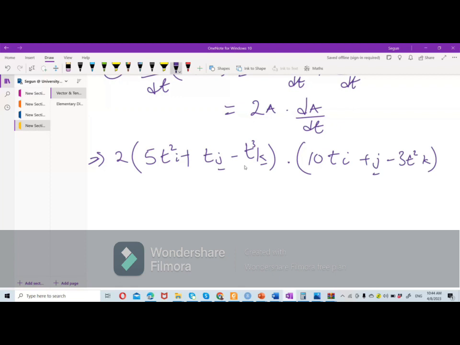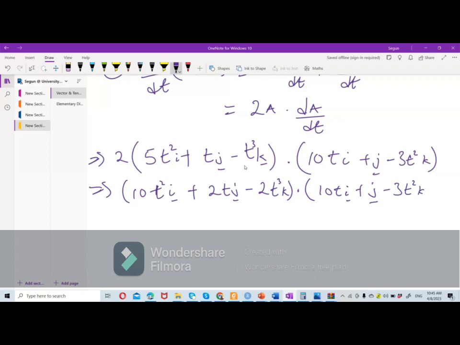So in this case now, I can open the brackets by saying I have 10t squared i plus 2tj minus 2t cubed k, dot 10ti plus j minus 3t squared k.